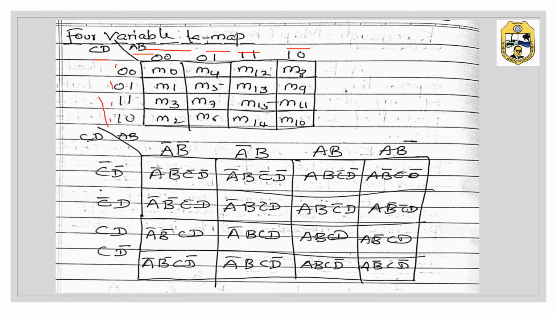Because whenever there is a transition it should be in only one number. When you move from one block to another block, only one number should change, but in this case when you move from 1 to 2, both the numbers are changing. That is why 3 is taken first and 2 is taken later.